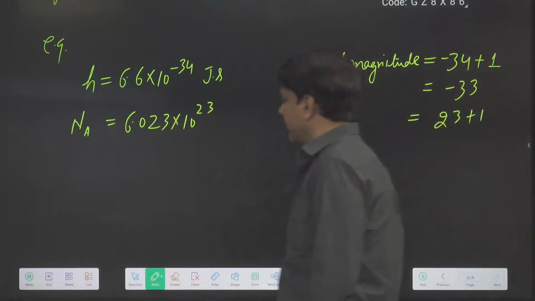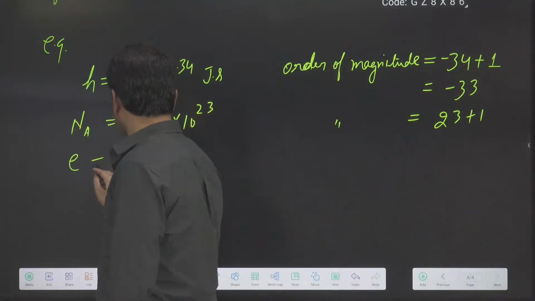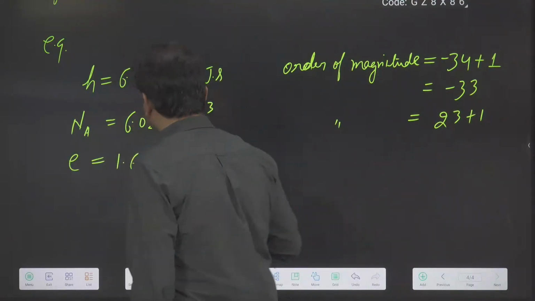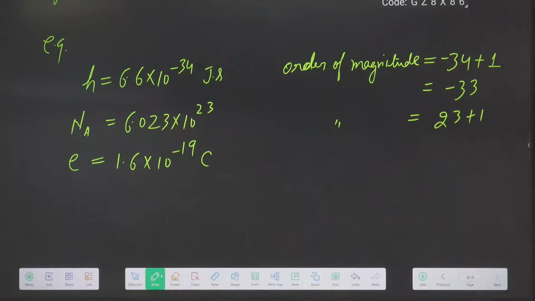Similarly, like the electronic charge, that is 1.6 into 10 to the power minus 19 coulomb. What is the order of magnitude? Minus 19.